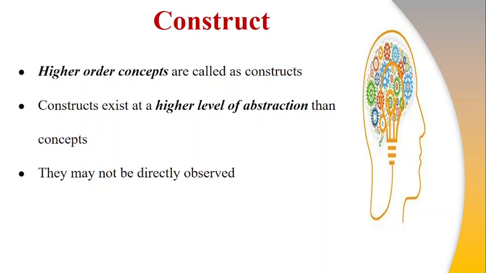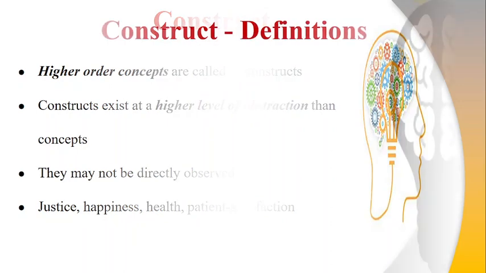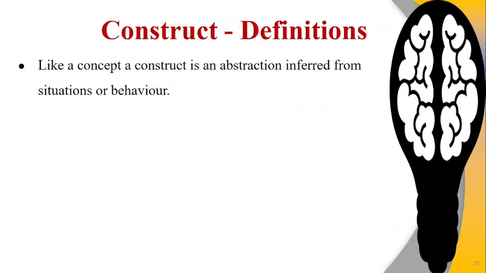So the key word to underline in the word definition of construct is it is a higher level of abstraction than a concept. Example, justice, happiness, patient satisfaction, health. When I tell this, immediately I cannot measure and say this is justice, this is happiness. Only thing is I may have to develop a questionnaire or a rating scale and then try to measure what it is. So that is about the word construct.